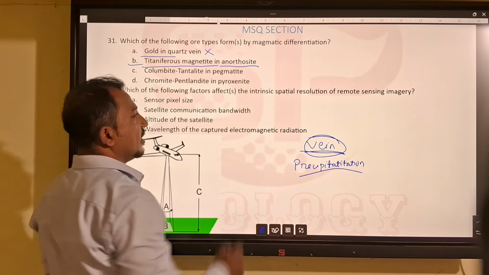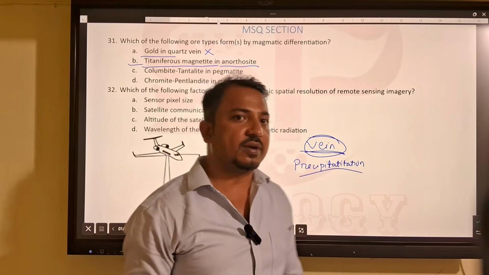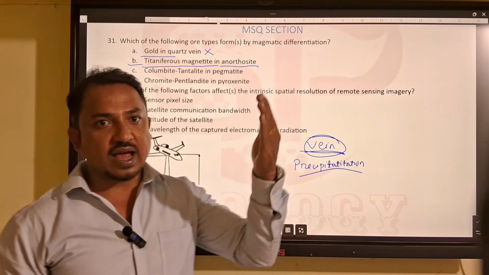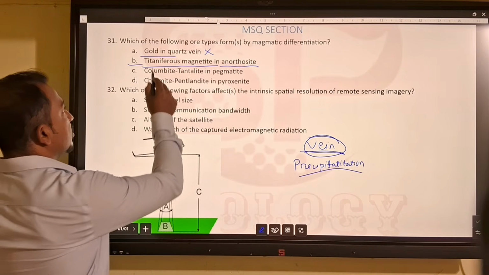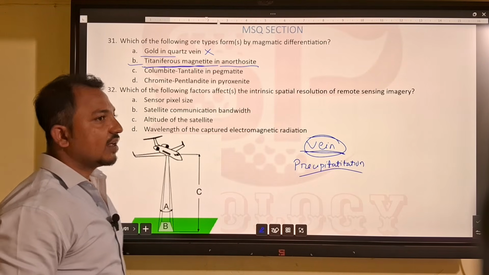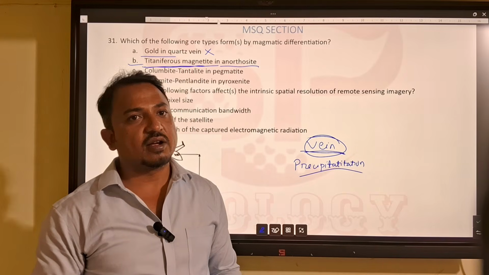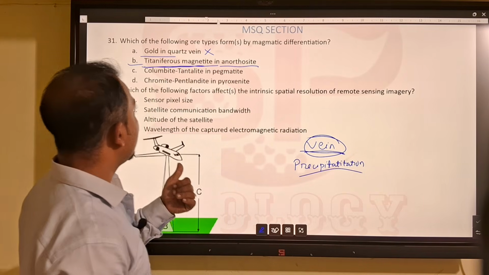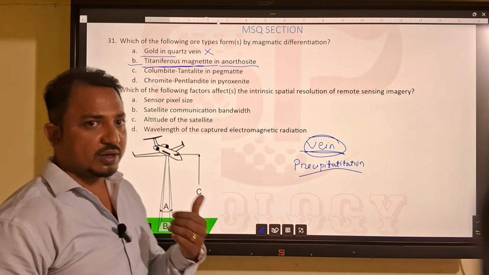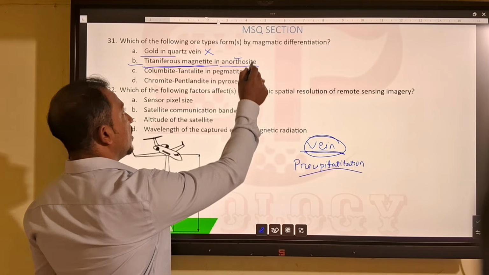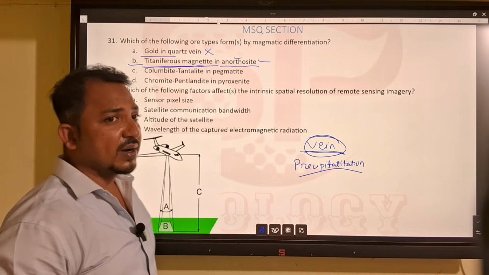Anorthosite is produced at a higher temperature, because it is a rock composed of labradorite, which is produced at a higher temperature. So if you find titaniferous magnetite in anorthosite, that indicates a magmatic concentration deposition, where titaniferous magnetite remains as residual melt and is deposited in a host rock called anorthosite. So it belongs to magmatic deposit.